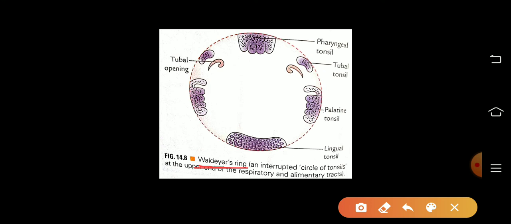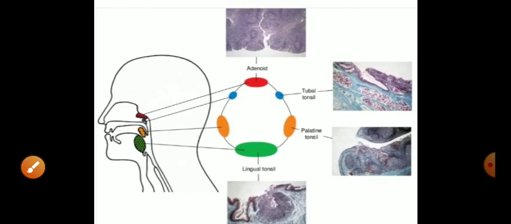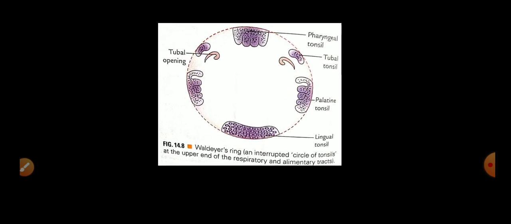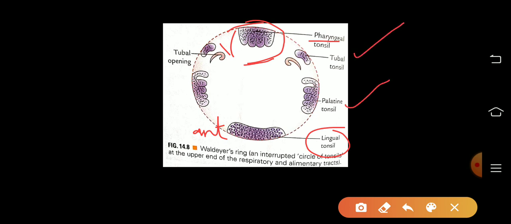These lymphoid tissues are aggregated in a circular way inside the inner wall of the pharynx. Anteriorly you can find the lingual tonsil, posterosuperiorly you can find the pharyngeal tonsil, and laterally you can find the tubal tonsils and palatine tonsils.